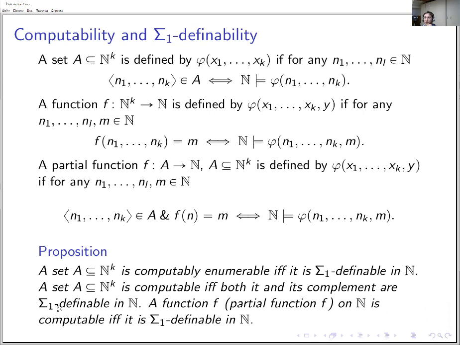This is called delta 1 definability; it just means that the set and its complement are sigma 1 definable. And finally, computable functions are exactly the sigma 1 definable functions, and partially computable functions are the sigma 1 definable partial functions.